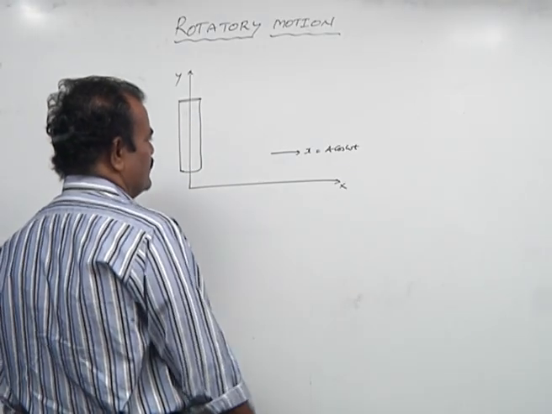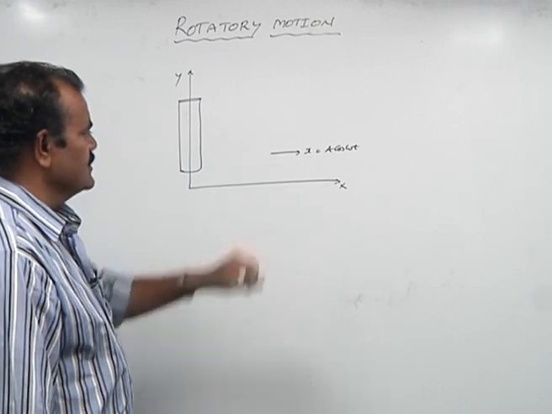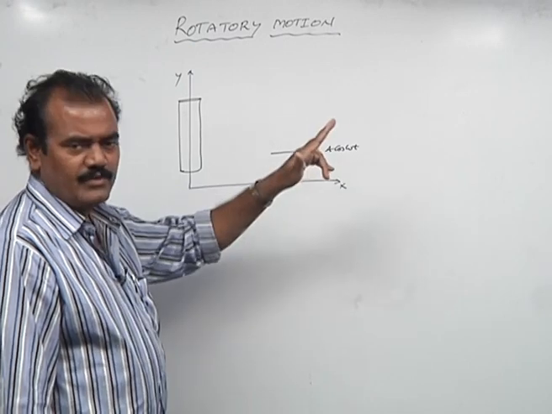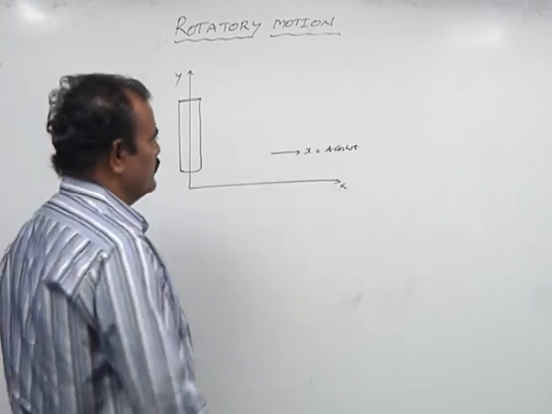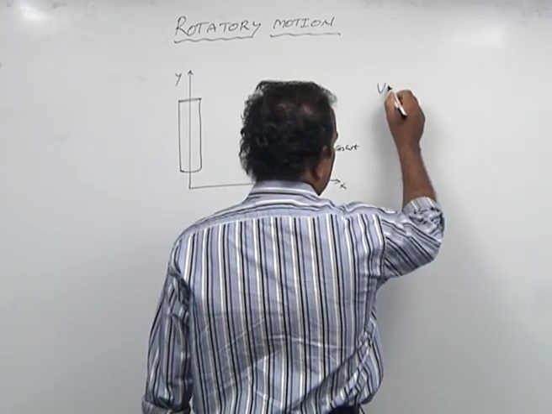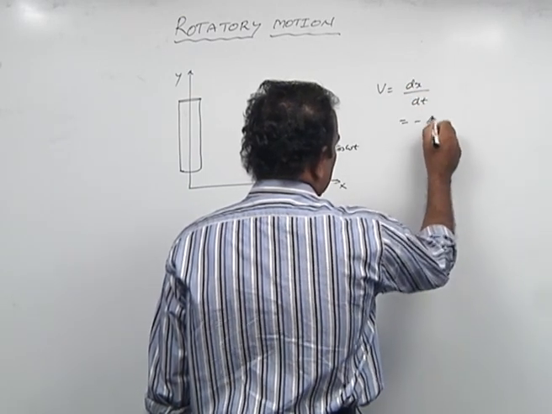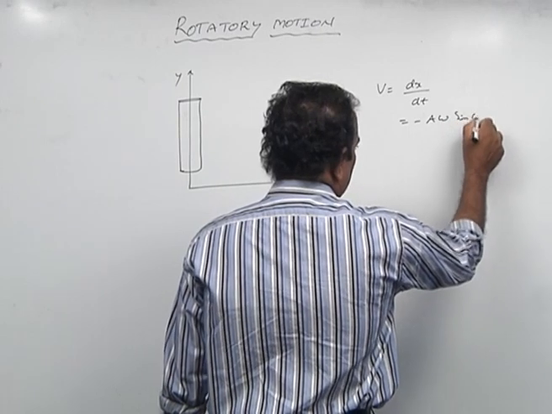First of all, what is the acceleration? When you have the motion x is equal to a cos omega t, the velocity v is dx by dt, which is minus a omega sin omega t.